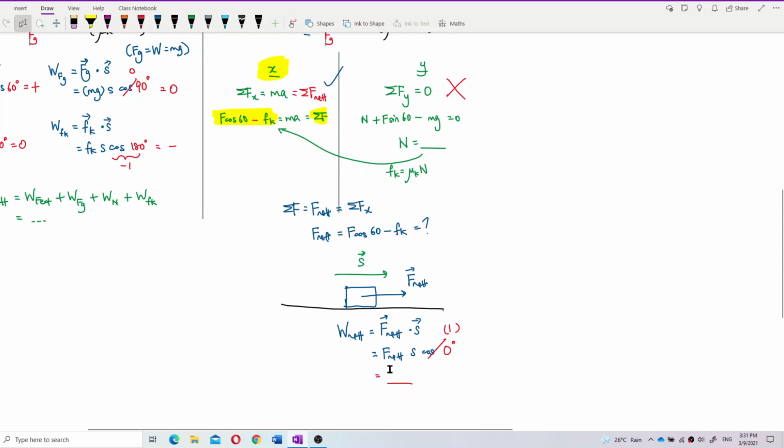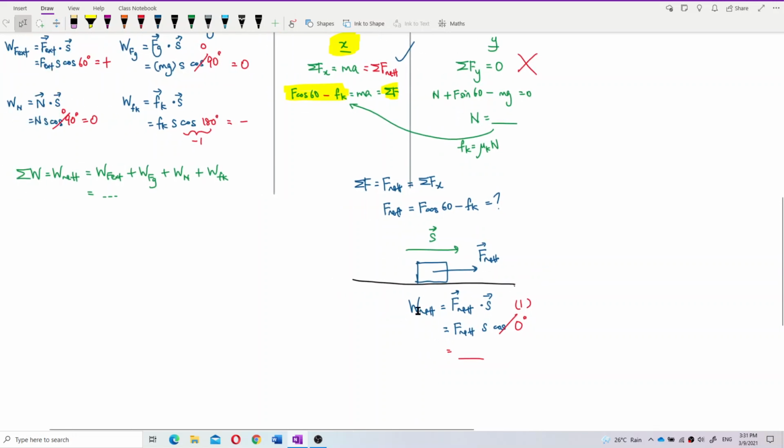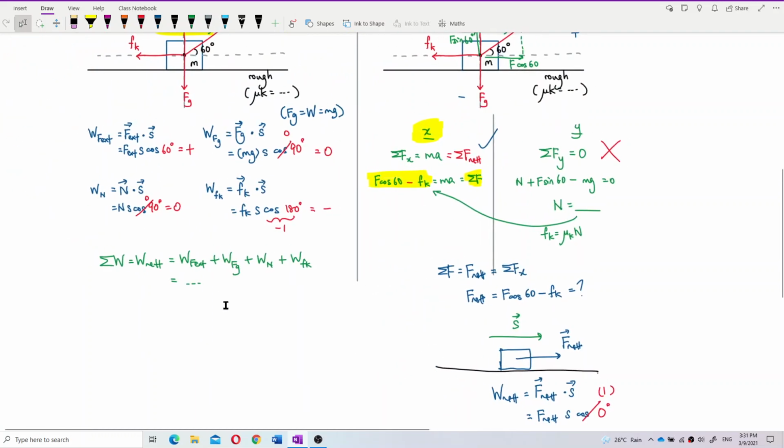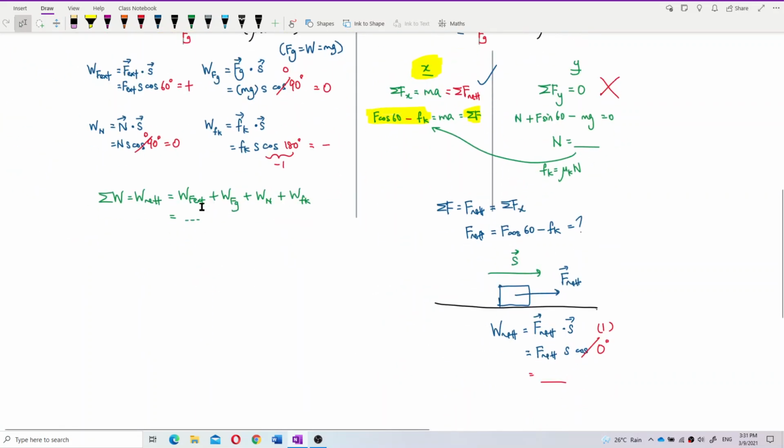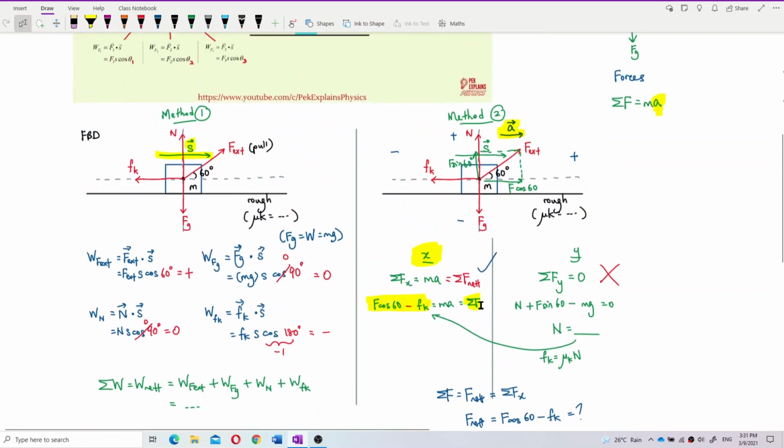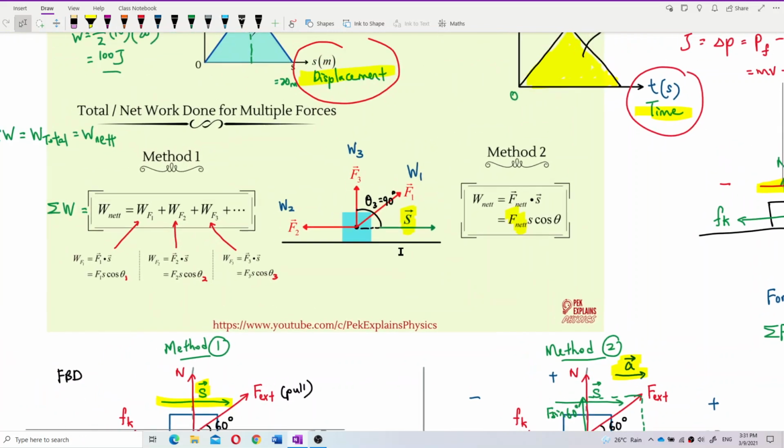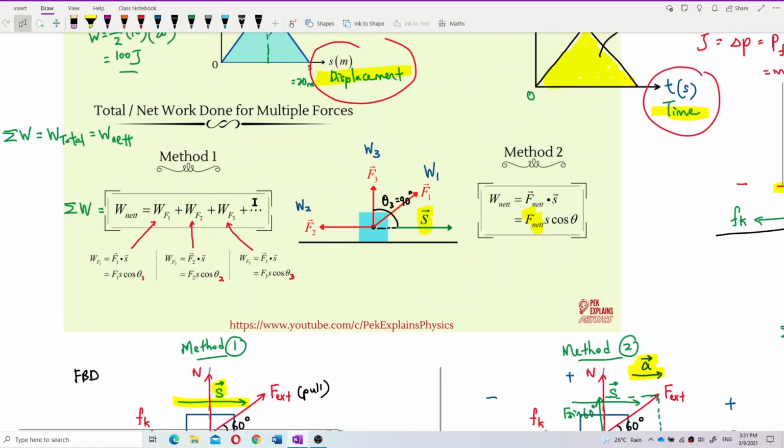So you just do net force times displacement, and you get the same total work done as the first method. Both methods give the same value of net work done. So there are two methods for you to choose: total up the individual work done, or just find the net force to find the net work done. Okay, that's all. Thank you.